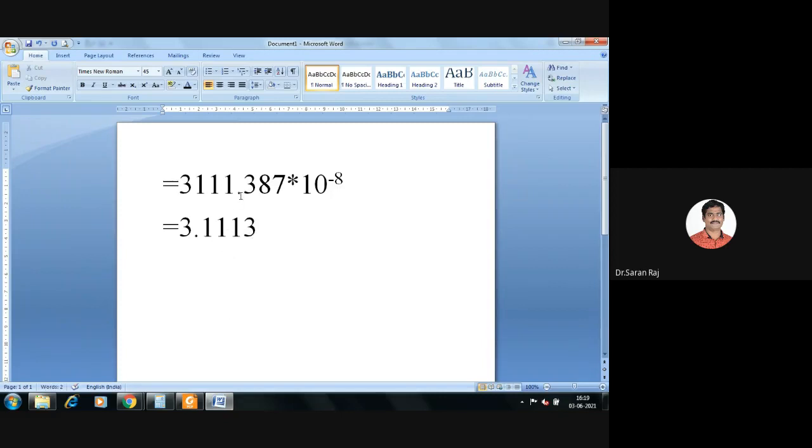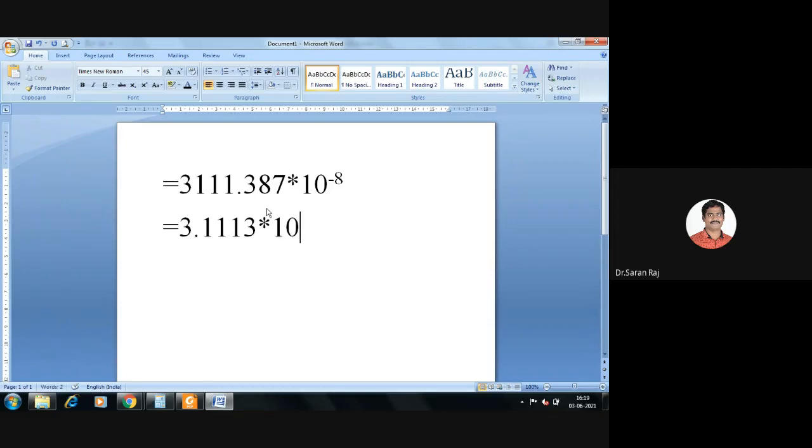I will write how to change this point. So this is a point. In this point, move to the left hand side. This is the point, this is the left side, this is the right side. When the point moves to the left hand side, you multiply by 10 power plus. The number of digits the point moves, that number you write here as 10 power.